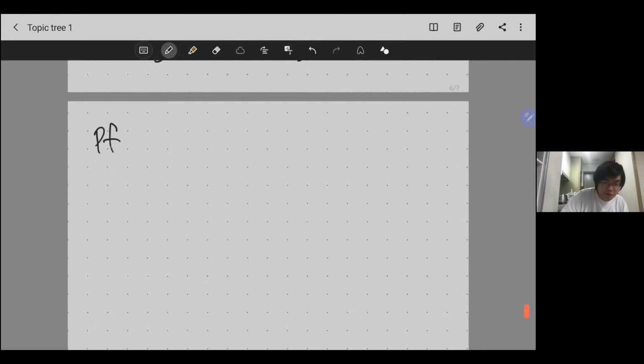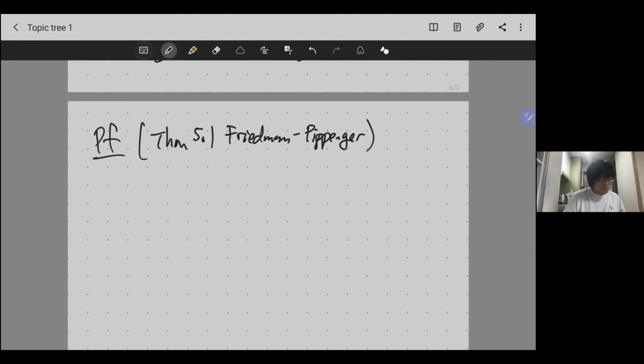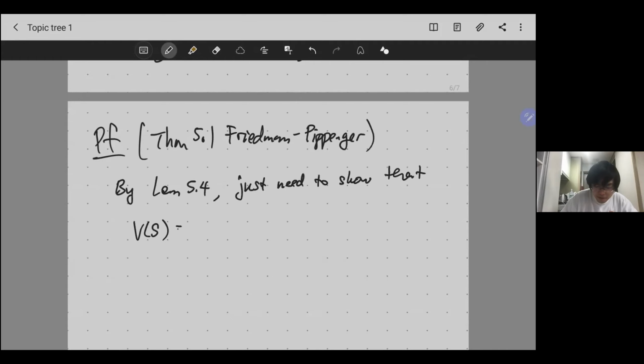Okay, let's finish the proof of theorem 5.1, the Friedman-Pippenger. So, as I said, by lemma 5.4, we just need to show that the singleton graph, let's say it consists of one vertex, edge set is empty, is dm extendable.